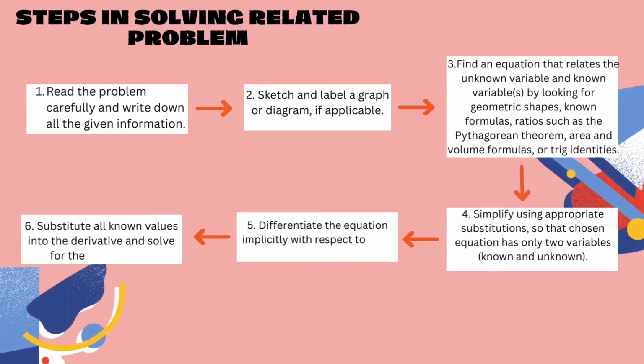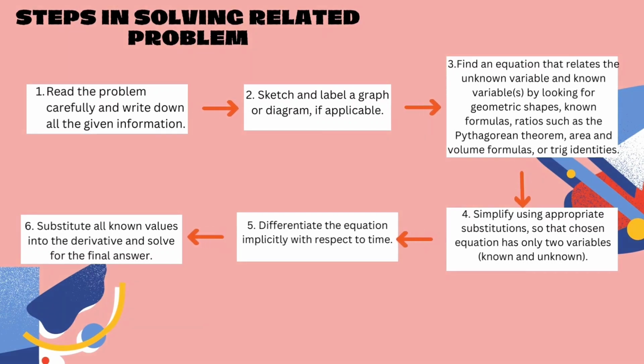Now, how to solve a related rate problem? First, read the problem carefully and write down all the given information. Second, sketch and label a graph or diagram if applicable. Third, find an equation that relates the unknown variable and known variable by looking for a geometry shape, known formula, or ratio, such as the Pythagorean theorem, area and volume formula, or trigo identities.